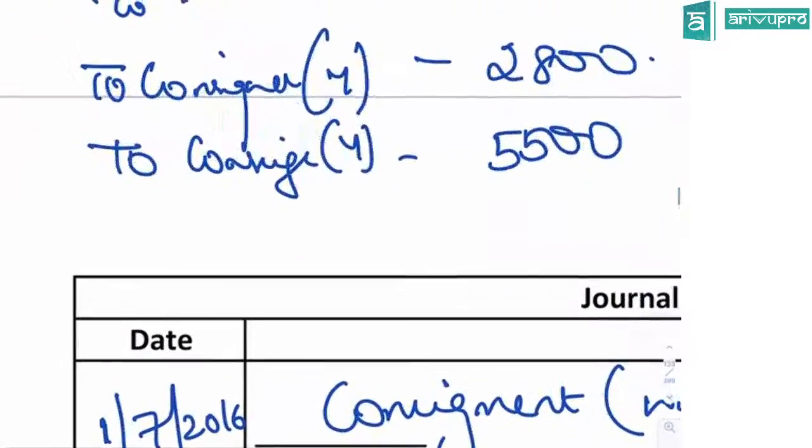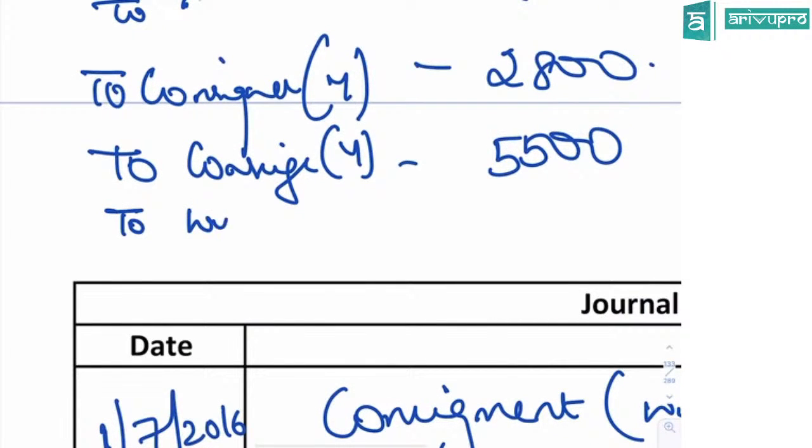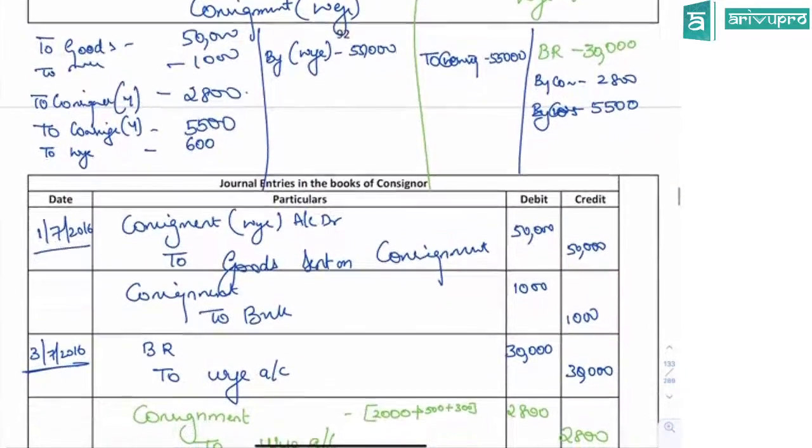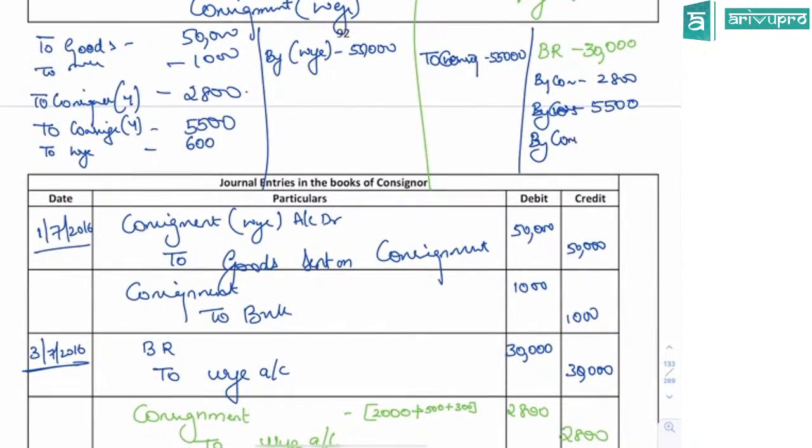Perfect. Consignment. Are you clear? Nothing given, Chirag. It is assumed that the loss has to be borne by the consignee. Nothing given. We assume that the loss has to be borne by the consignee. That's why it has to come in the consignee's account.